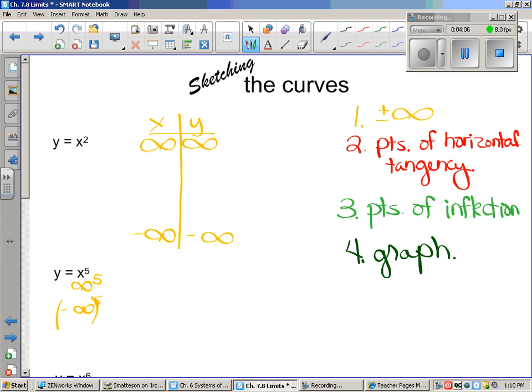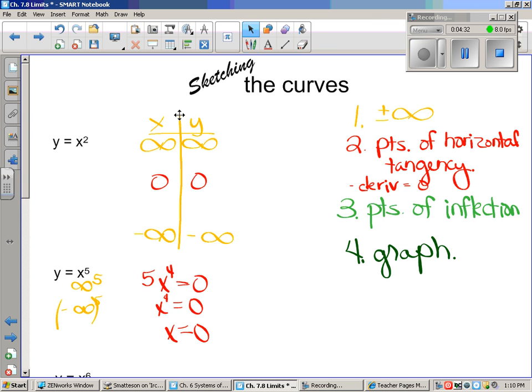Okay, so now step 2, points of horizontal tangency. How do you do that? The derivative set equal to 0. The derivative of this would be 5x to the fourth, and we're going to set that equal to 0. I would divide by 5, and I get x to the fourth equals 0. So you do the fourth root, and guess what? You get 0. You plug in 0, and 0 to the fifth is still 0.